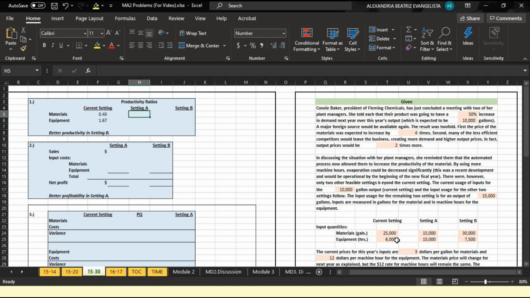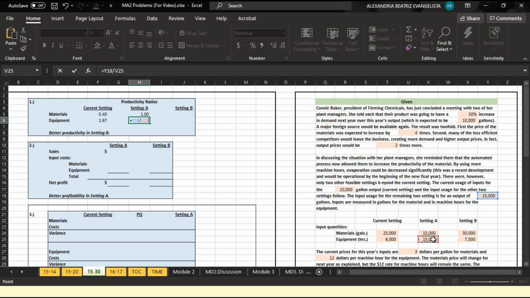And now for setting A, that is computed by 15,000 divided by its actual quantity, which is 15,000. So that would give us 1. And for equipment, that is again 15,000 divided by its input in machine hours, which is 15,000 as well. So that would give us 1.